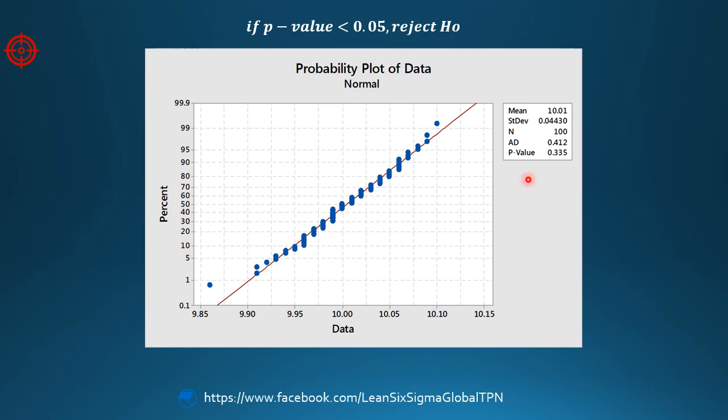Here the p-value of 0.335 is greater than 0.05, so we fail to reject the null hypothesis that the sample data are from a normally distributed population. The hypothesis test verified that our data satisfy the normality assumption for capability studies.